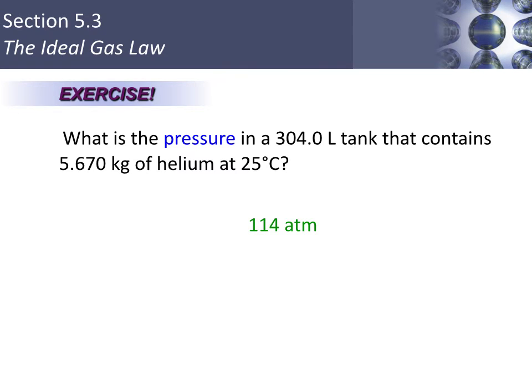So you'll have to take the 5.67 kilograms, convert it to grams, convert that to moles, take that number, multiply it by R, 0.08206, and then multiply that by the 25 plus 273 to convert it to Kelvin, and you should get 114 ATMs. We will stop with the sample problems in this section here for the ideal gas law.